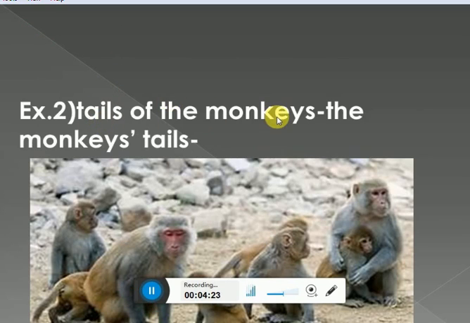Tails of the monkeys. The monkeys' tails. See, there are many monkeys here. Each monkey has a tail. So when we talk about the tails of many monkeys, we say the monkeys' tails. We have put an apostrophe after the S, not before the S, because we are talking about plural, many monkeys.